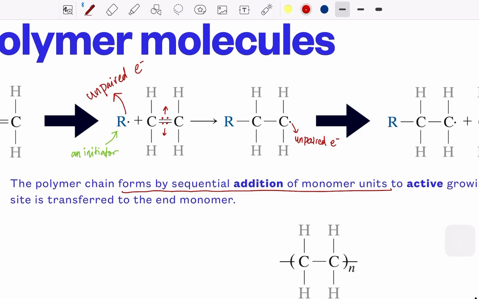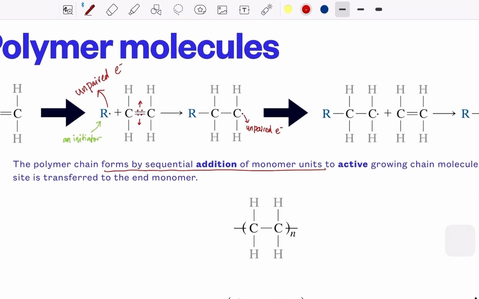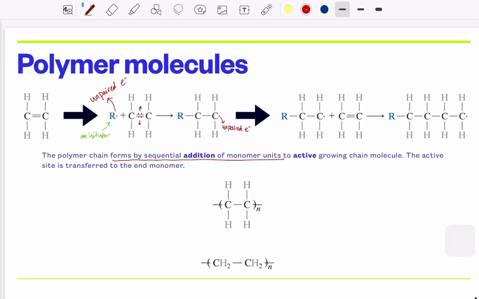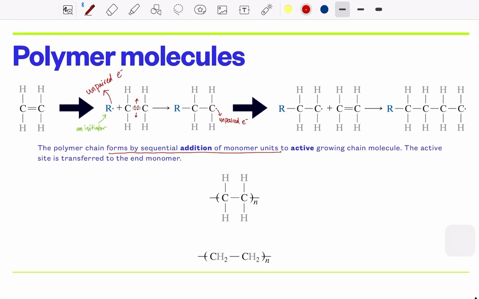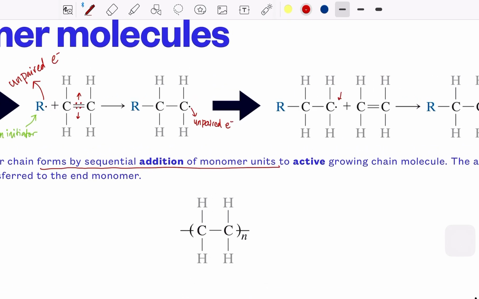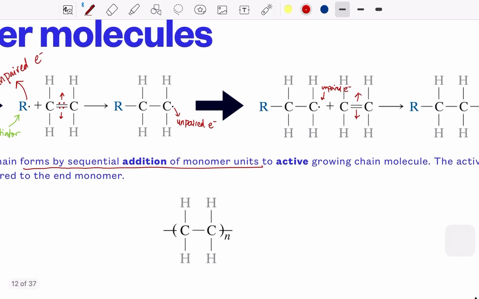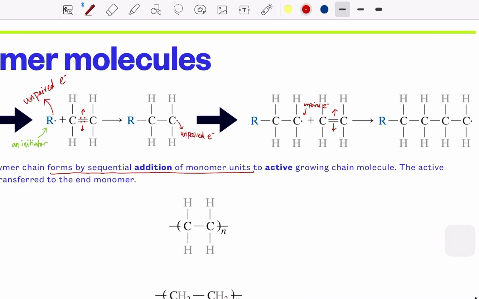That this is the repeated unit. And then it goes the same way. Another unpaired electron breaks the double bond, connects, and then the single electron is transferred to the end, and it goes all the time. Right? And how does it end?